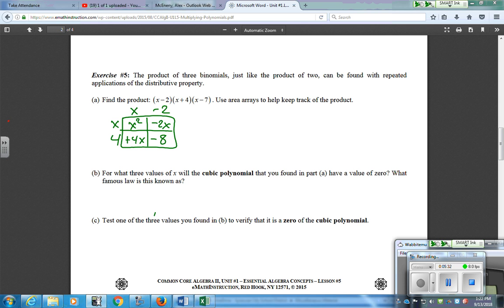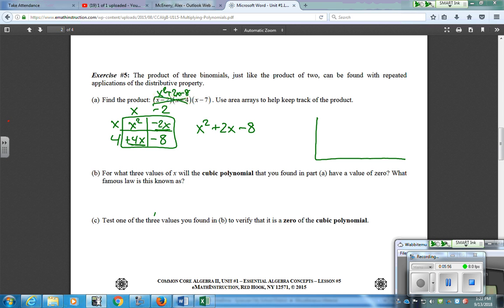So for this now I have x squared plus 2x, because I've got these two that are like terms, minus 8. And now that I did these two, I still have this part here. So I have x squared plus 2x minus 8, and then I have the x minus 7.